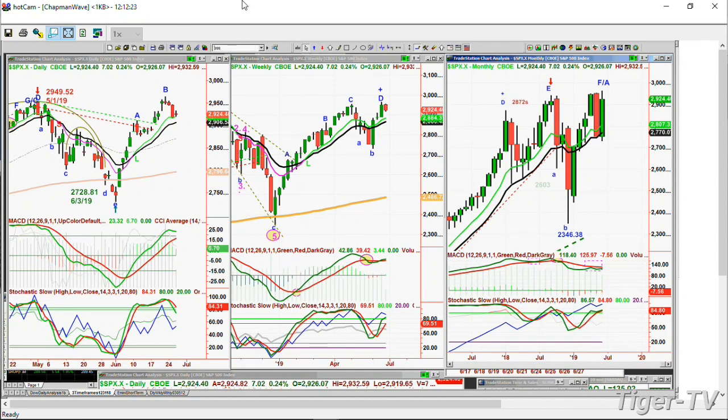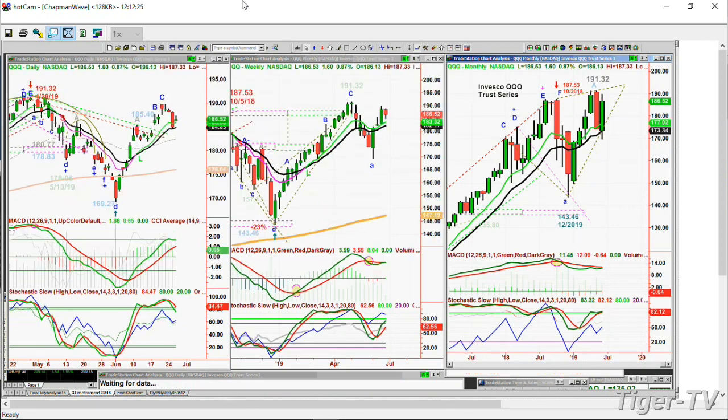Now, if you look at the QQQ, there's a little difference because the Qs have not gone to a new recovery high. They're under the 191.32 all-time high that was made back on April the 28th of this year. It dropped sharply to 169.27, then had a really good rally to the most recent high of just under 190, and is trading at 186.33.